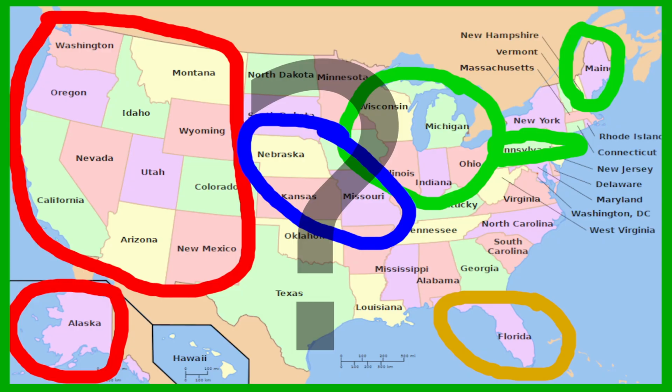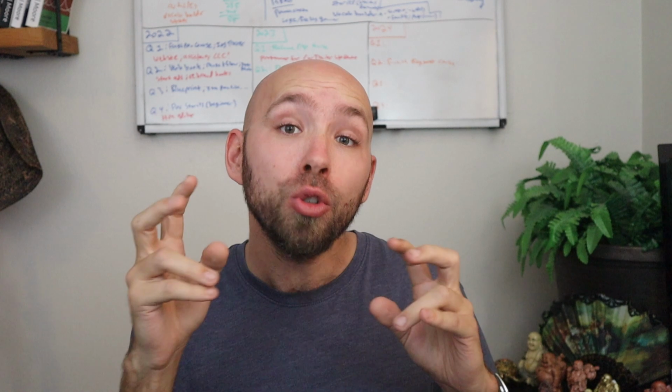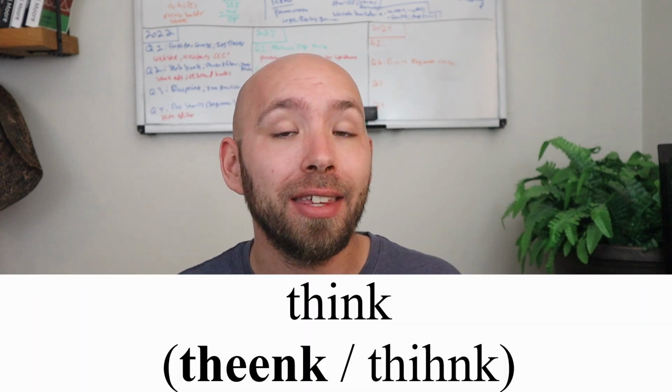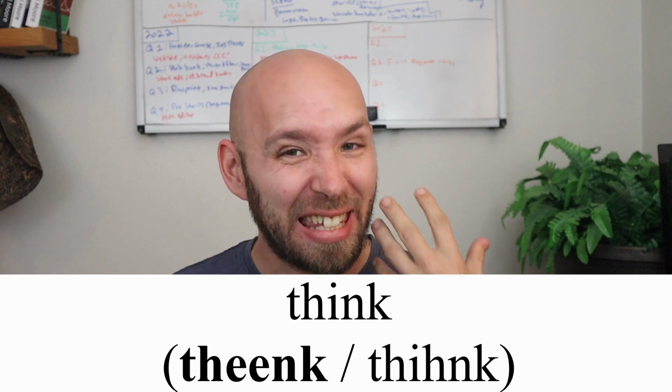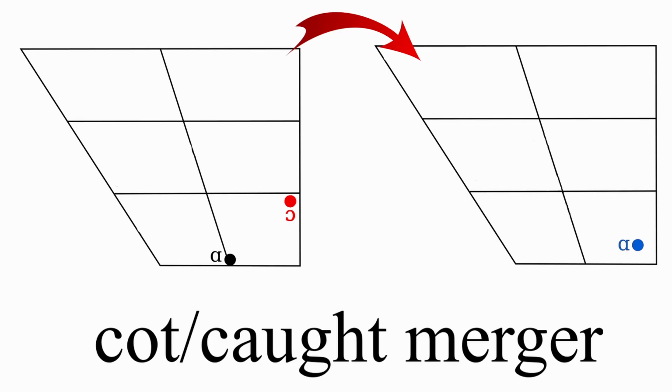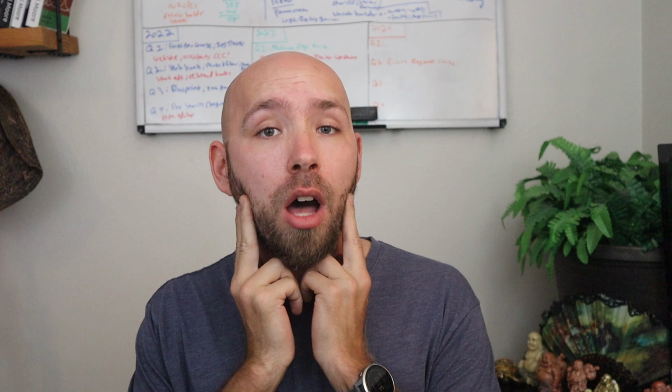accent, okay? So most Americans, right, through most parts of the country, with the South being the big exception, most people will sound neutral, even if the exact sounds are a little bit different, like I say think instead of think, right, with E instead of eh, or the cot merger, right? I just say ah, but people who don't have the merger say ah and aw.